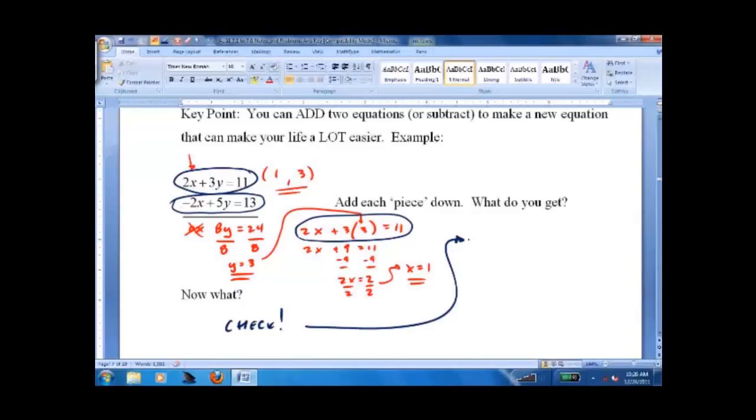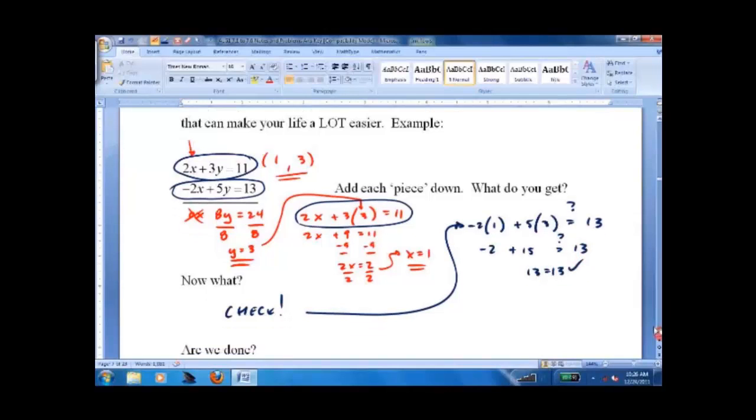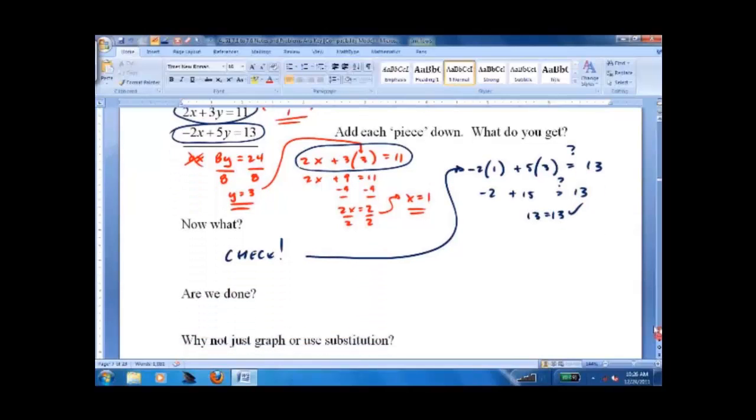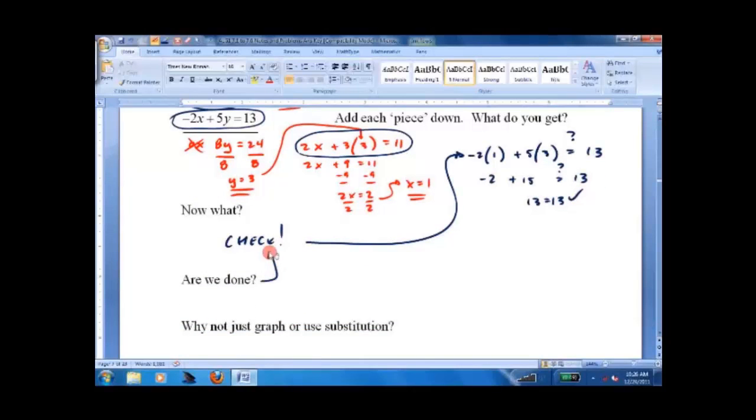We just put them both in. Negative 2 times 1 plus 5 times 3. And we'll see if that equals 13. Negative 2 plus 15. And 13 equals 13. So we did it correctly. Again, we should never get this wrong. Once we check, yes, we are done.